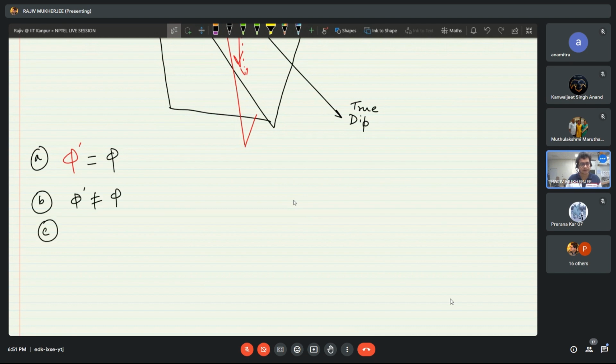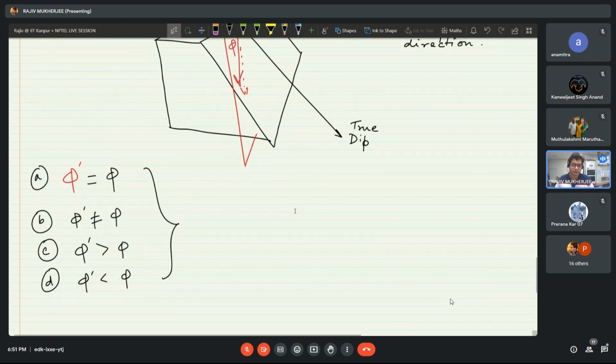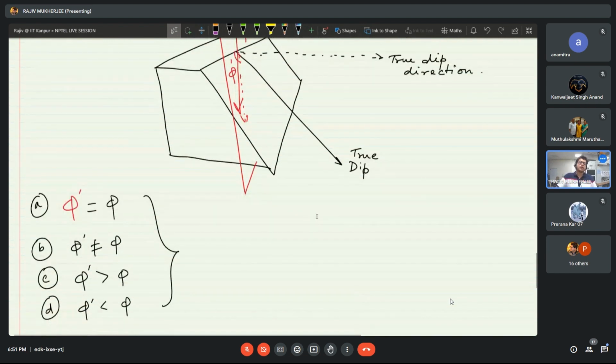C, phi dash greater than phi. And D, phi dash less than phi. So amongst these four options, which one will be the correct? Any guess? Phi dash less than phi. Yeah, exactly. This is the correct answer.